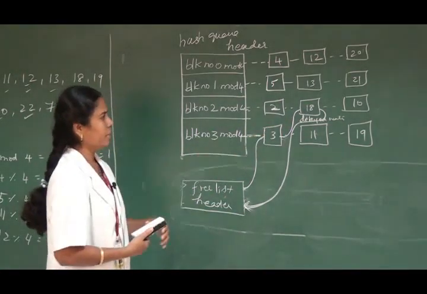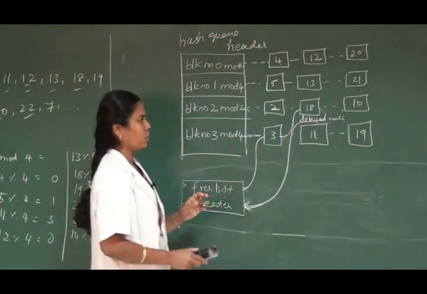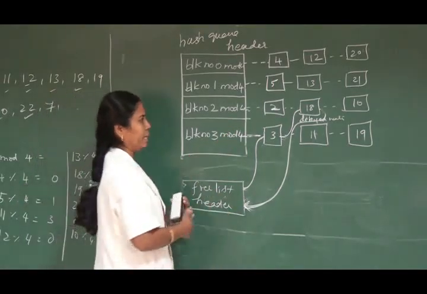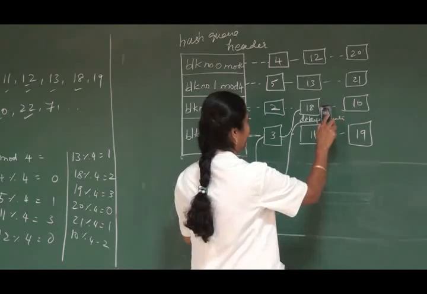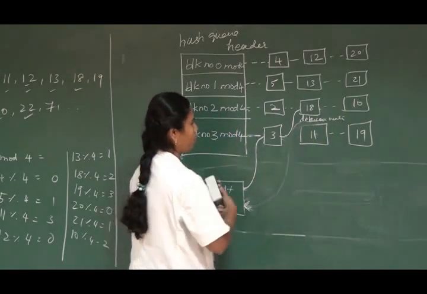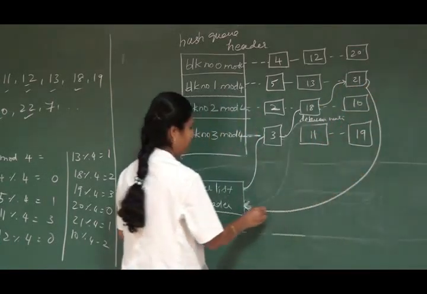Then some process is releasing the block number 21. Now the block number 21 has to be written back to the disk and then it is added to the free list header. So 21 is added, so the 18 is the last node in the queue, so it is pointing to the 21 and 21 will point to the free list header.